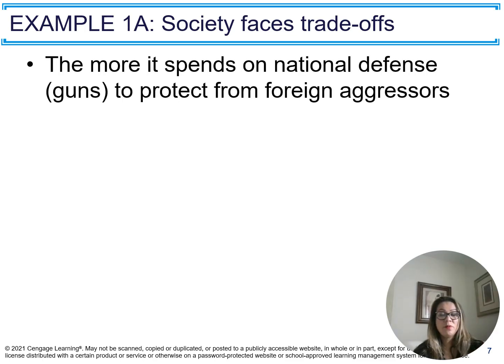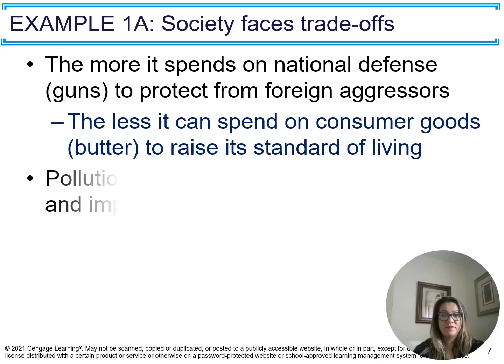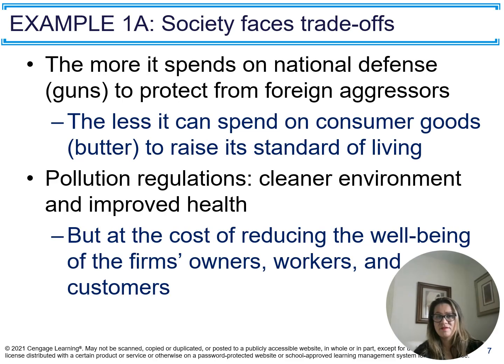But not only people face trade-offs, society faces trade-offs too. There is a very important trade-off that societies face. That one has to do with national defense, right? The more it spends on national defense to protect from foreign aggressors, the less it can spend on consumer goods to raise the standard of living, right?